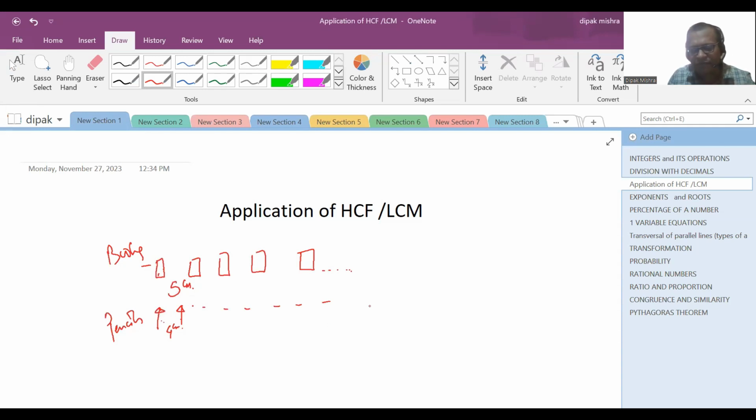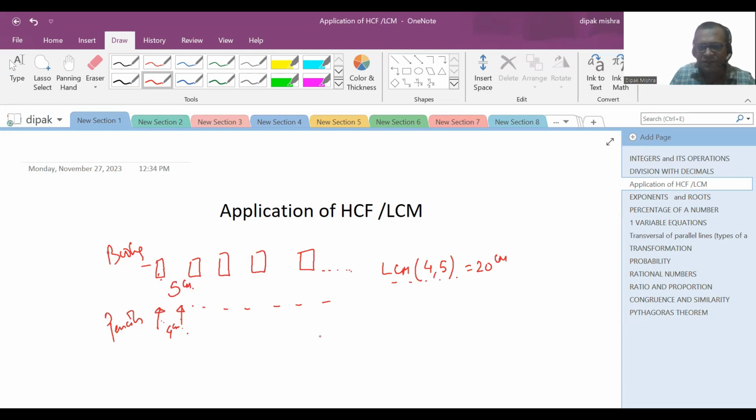In effect, I want to find the lowest common multiple. Hence, here we have to find the LCM of 4 and 5, which is 20, which means that after 20 centimeters, a book and a pencil coincide with each other. So here we have to find the LCM.